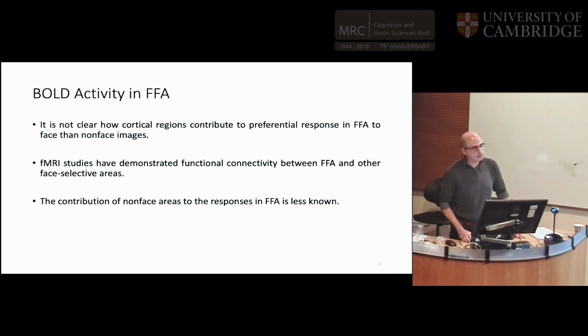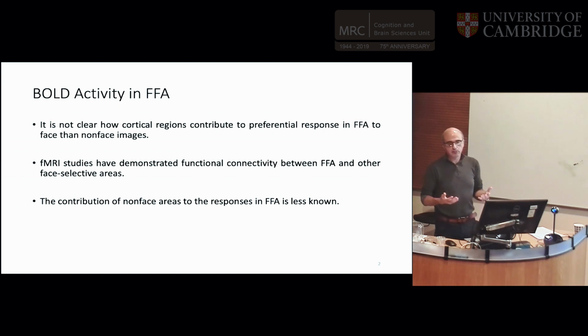So as you know, area FFA, or fusiform face area, is one of the most prominent face selective areas in the human brain, which responds selectively to images of faces compared to images from other object categories. However, it's not clear how cortical areas are contributing to the preferential response in FFA.